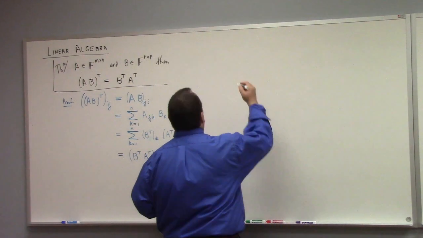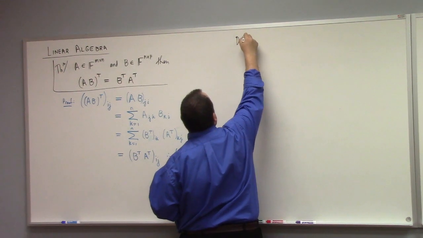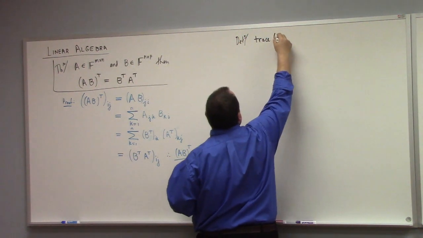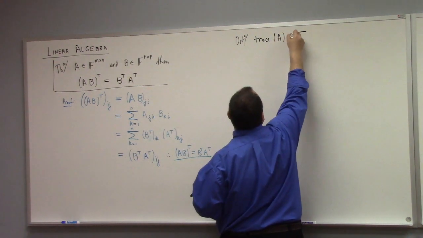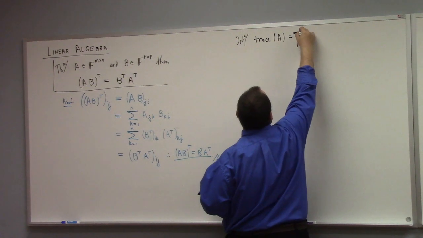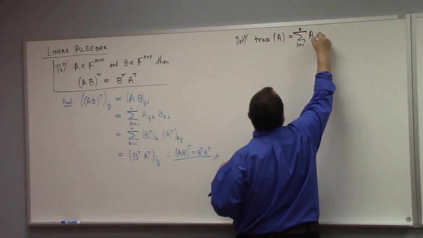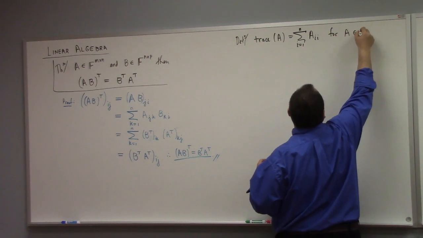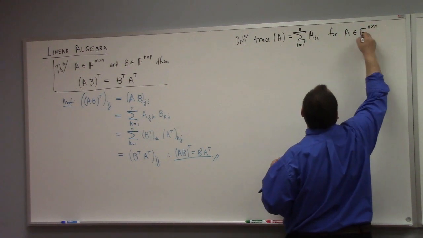Let's see here. So, definition: the trace of A is equal to the sum i equals 1 to n of A_ii, for A an element of F^(n by n).